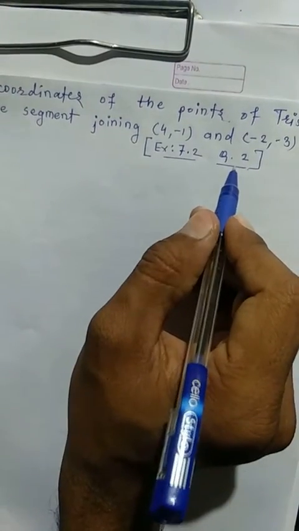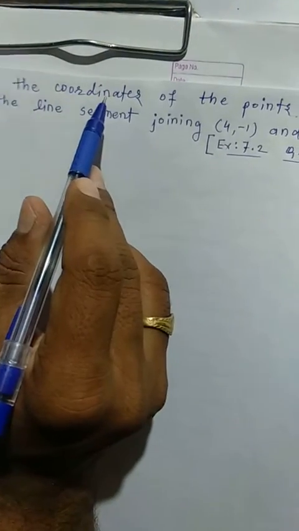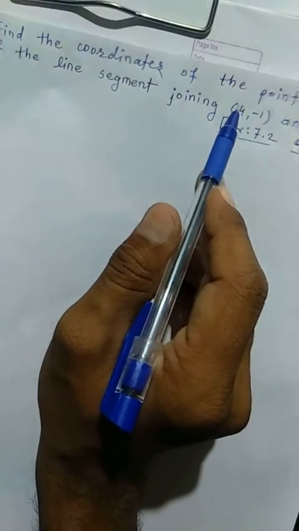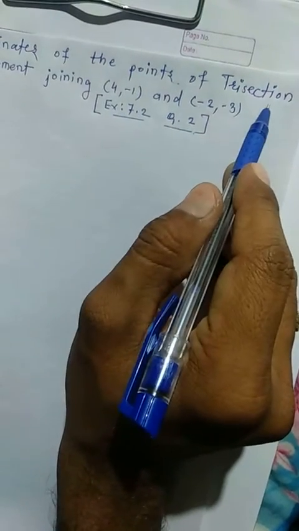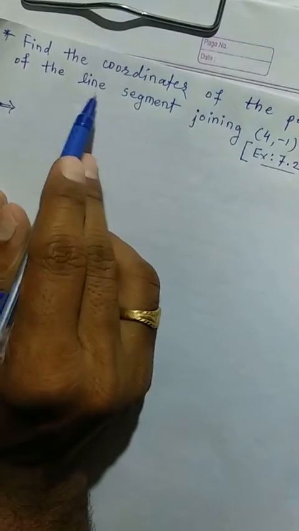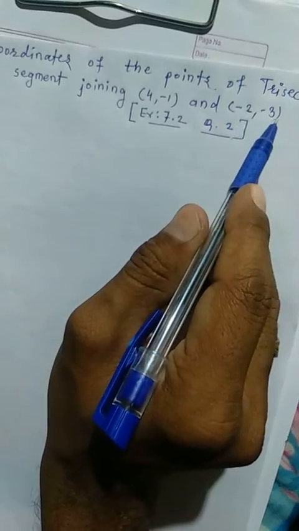I have taken the question from exercise 7.2, and that is question number 2. So what is the question? The question is: find the coordinates of the points of trisection of the line segment joining 4, minus 1 and minus 2, minus 3. Once again I am repeating the question.